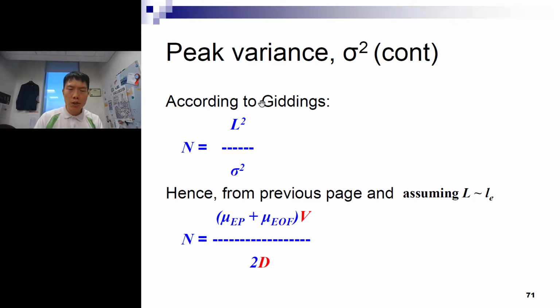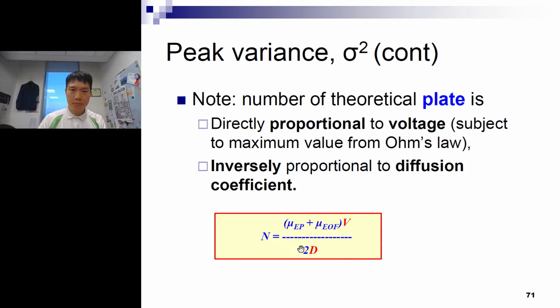Okay. According to Giddings, right, this is a scientist, he talked about the number of plates is, right, the square of the ratio between the length of the column over the sigma. So you see that if you combine the formula from the previous page and do a substitution, this is what you get.